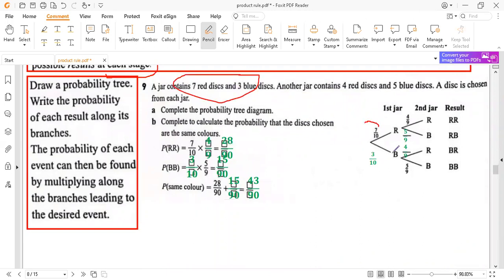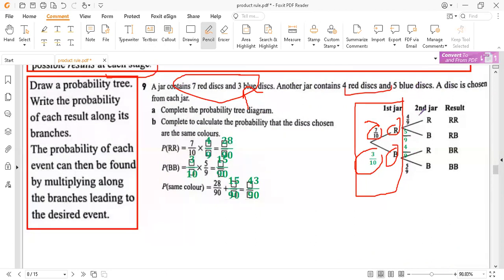The total is 10, so 7 of 10, we can obtain a red disc, and the probability of obtaining a blue disc is 3 over 10. So we completed the outcomes of the first event. Another jar contained 4 red and 5 blue, so in total we have 9.